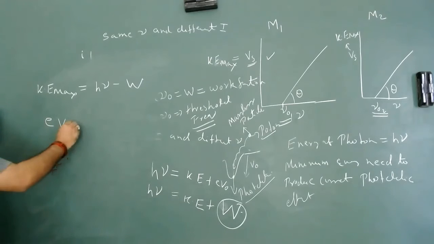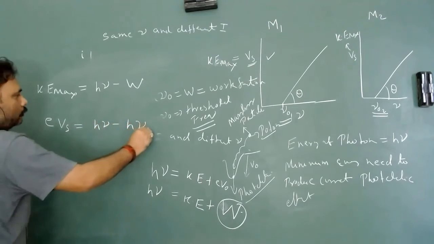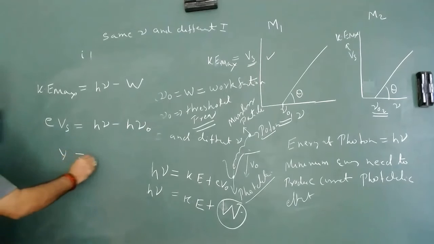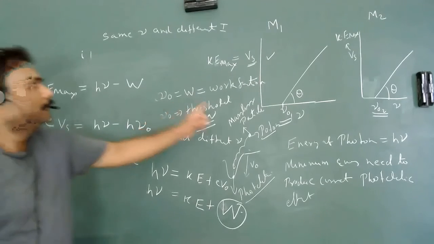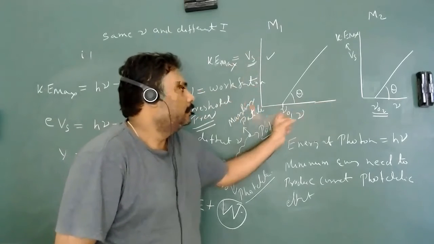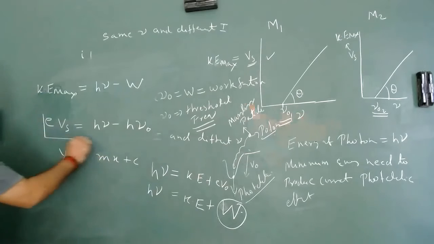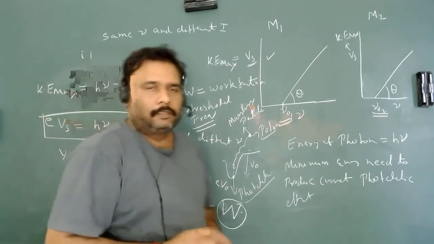So this Vs will be h nu minus h nu naught, and we have seen this is the equation of y equals mx plus c kind of equation, with Vs as y and nu as x. And this is nothing but the conservation of energy.